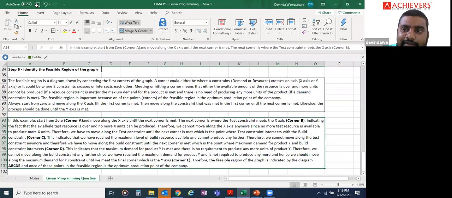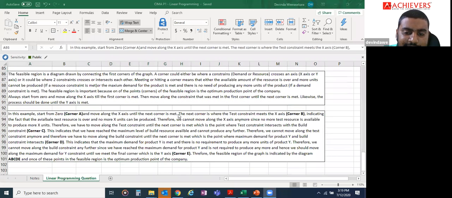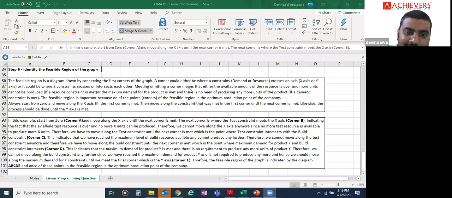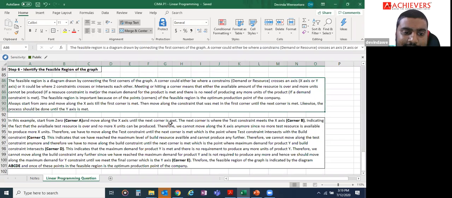You read this, it's all done. You should take this down fully. If you don't have space in the area that I have given as the feasible region, use your notebook, right?